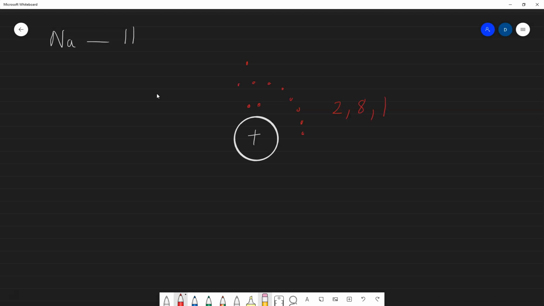Now the question you have to ask is, will these 11 electrons all be going together, or will these two go together, these 3 going together and these 4 going together, and this one alone? Will they be going in different groups?